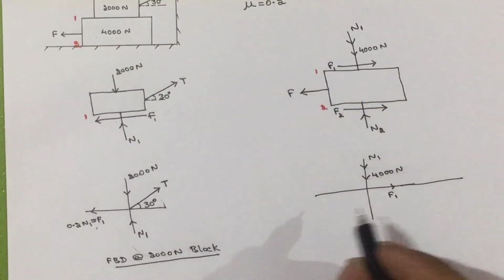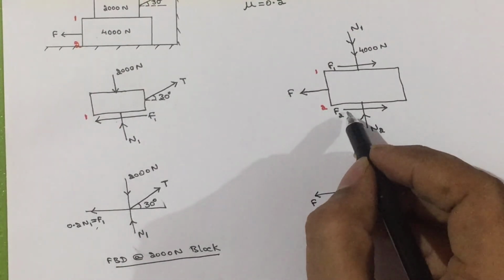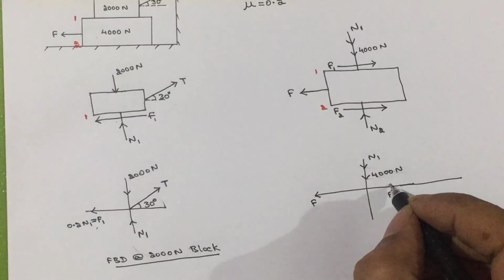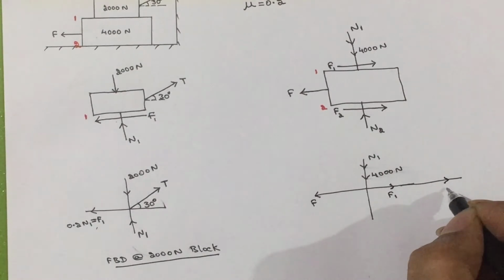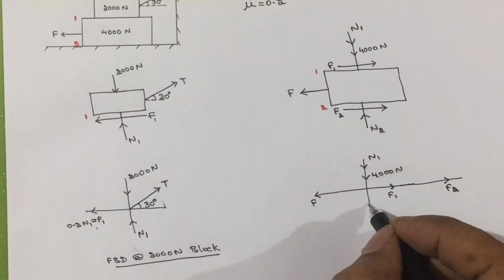Then again leftwards F is acting, then again F2 it is acting rightward, then here N2 is acting upward.